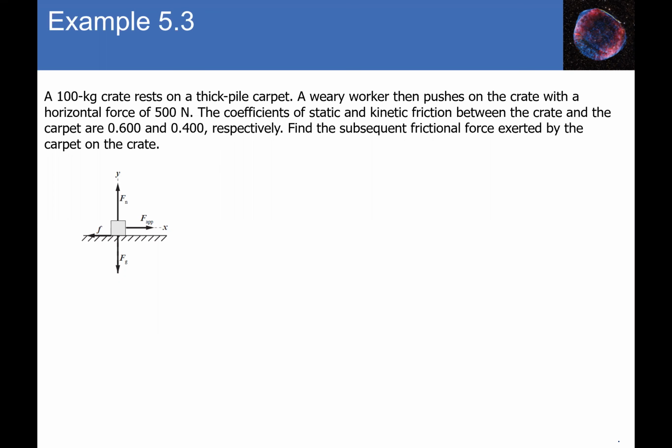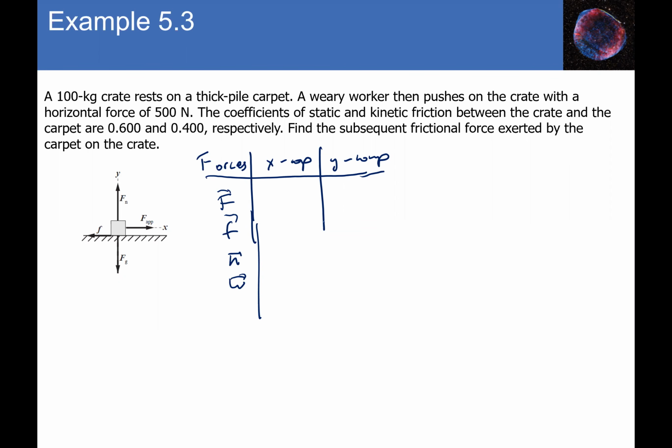Again, we're given a free body diagram where you have an object with four forces acting on it. Organizing everything in a table, we have applied force, friction, normal force, and weight, and here's the net force.